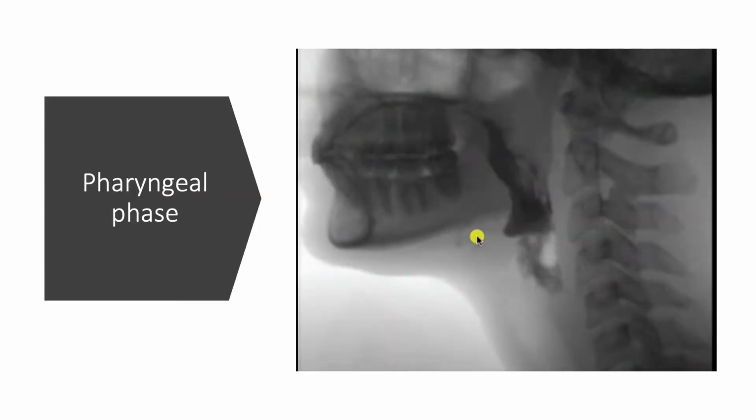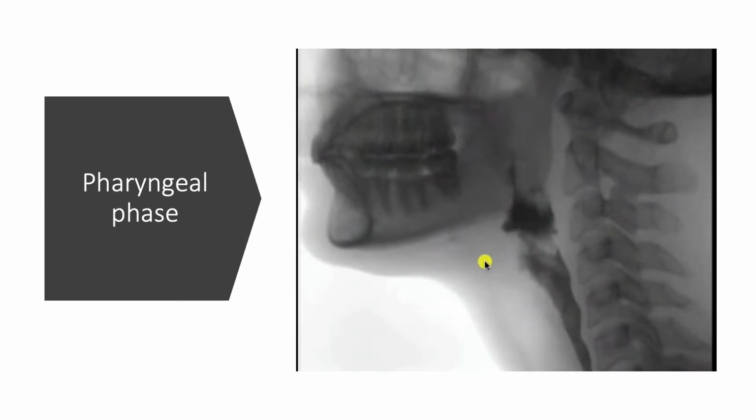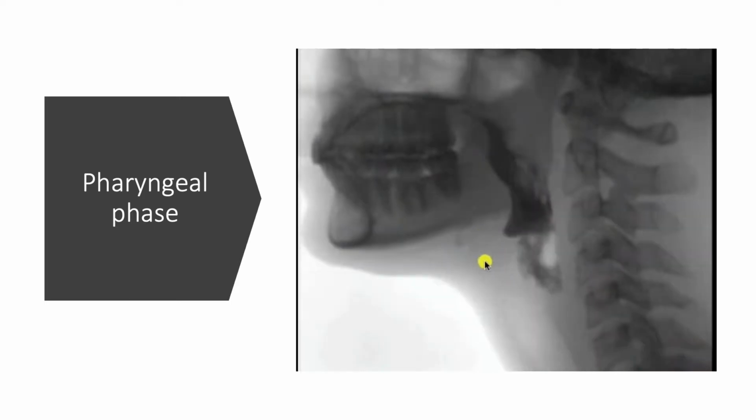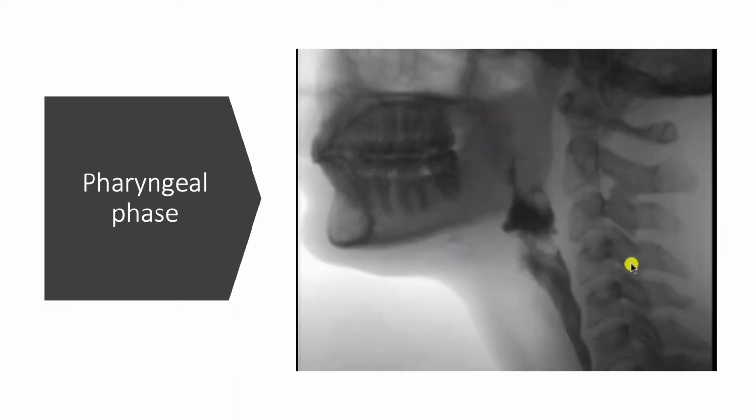During the pharyngeal phase of swallowing, the bolus is advanced through the pharynx and into the esophagus by pharyngeal peristalsis. This occurs by approximation of the soft palate to the posterior nasopharyngeal wall, which seals off the nasopharyngeal inlet, and by contraction of the superior constrictor muscle.